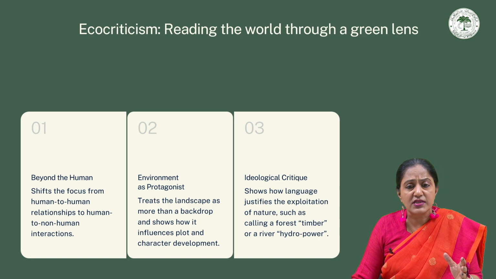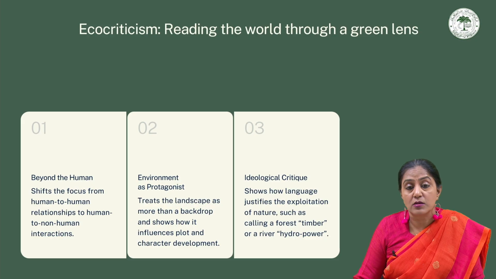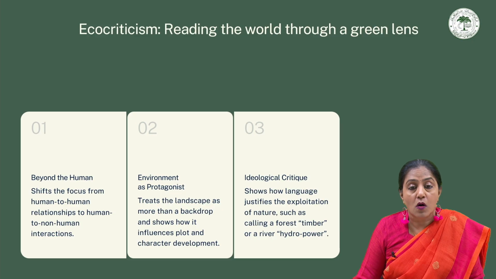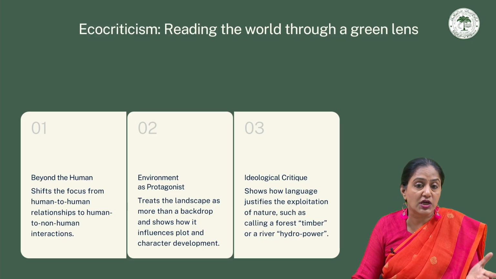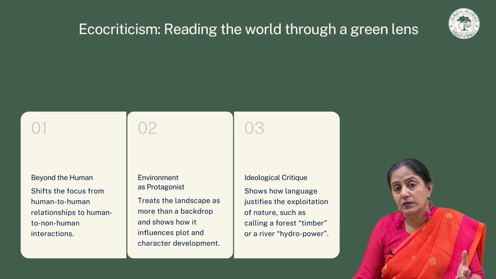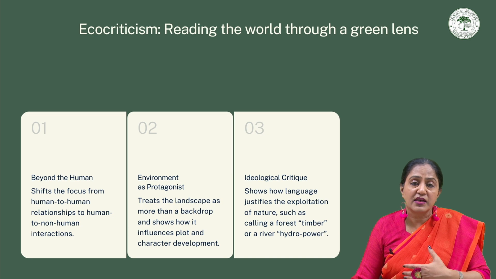Eco-criticism argues that environments actively shape events. Consider Thomas Hardy's Wessex, Emily Bronte's Moors, Amitav Ghosh's Sundarbans, or Ruskin Bond's Himalayan landscapes. In each case, environment influences characters, conflict, and meaning. The landscape becomes an active participant.